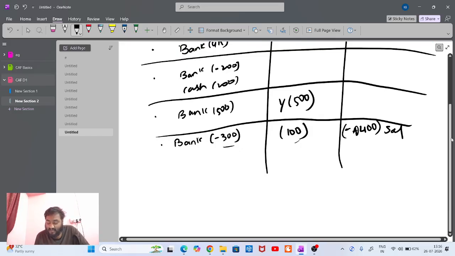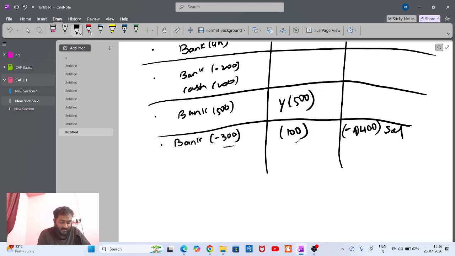And why is it in the capital? Because net profit comes as salary is an expense in P&L.